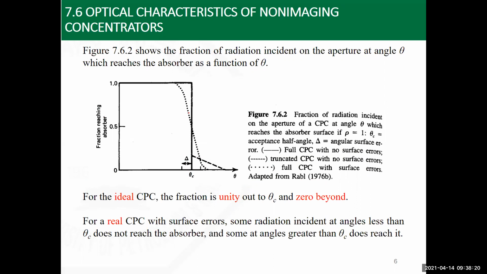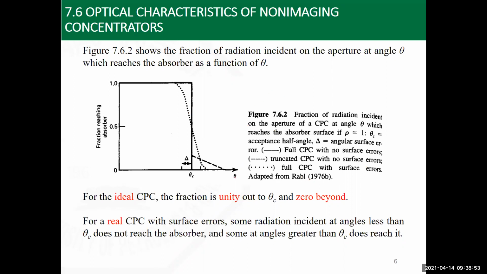In this figure, we're talking about the case of ideal versus non-ideal cases. This is basically a representation of the fraction of radiation falling into the aperture at an angle theta which reaches the absorber, as a function of this angle. How much of the energy falling into the aperture reaches the collector receiver, you can see here.